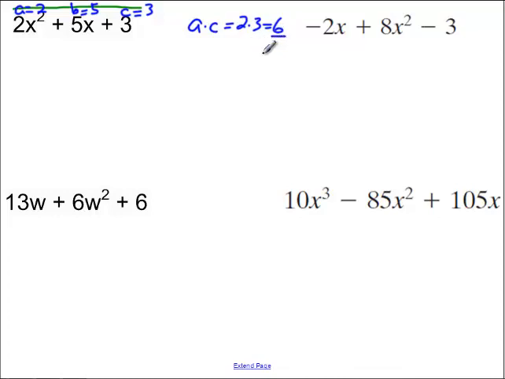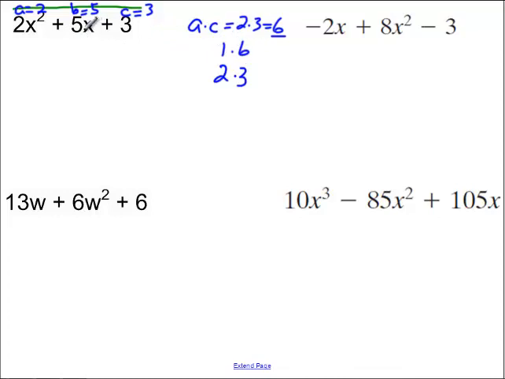We've got to find a factor pair of 6 that adds up to 5. It could be 1 times 6, which multiplies together to get 6. You can go through this two different ways. You can write them all down and then check all of them to see which one adds up to 5, or you can write them down as you come up with them, and see if they add up to 5, which is our B term.